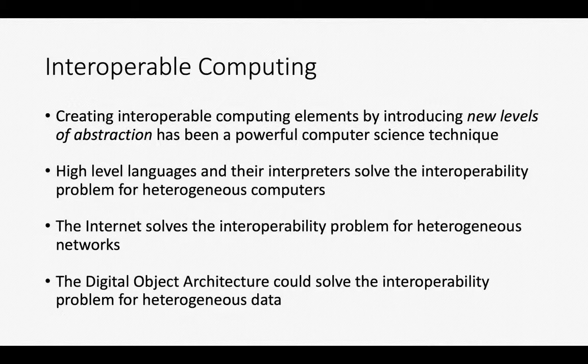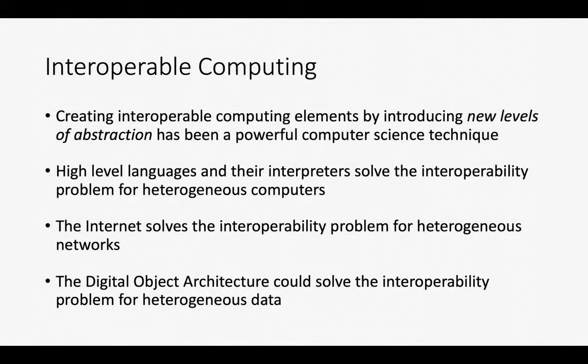In the era of interoperable computing, the creation of interoperable elements by introducing new levels of abstraction has always been a powerful science technique, basically abstracting various different levels.